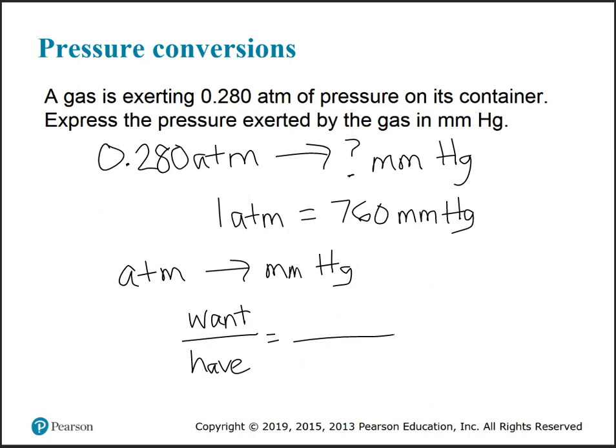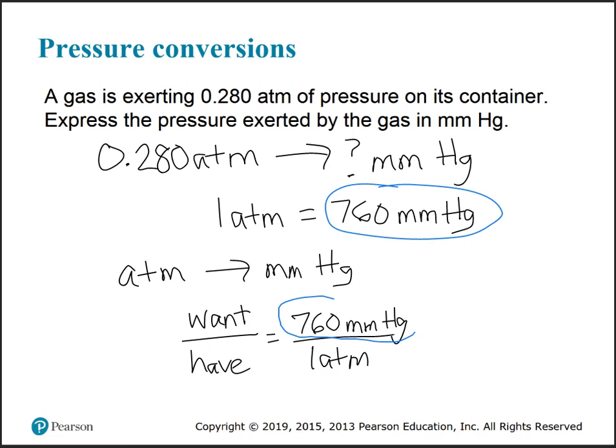Yep, we're going to put the millimeters of mercury. So that's 760 millimeters of mercury. That leaves the one atmosphere on the bottom. That's what we already have information about, atmospheres. And if you're wondering, like, okay, where did those numbers come from? Remember, we just wrote an equation that says one atmosphere is equal to 760 millimeters of mercury.